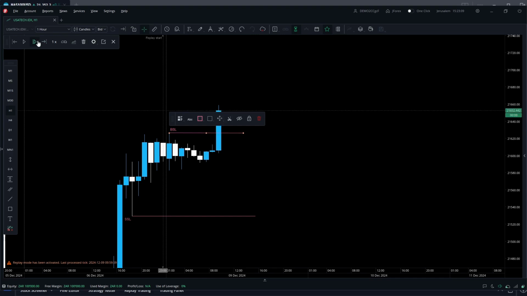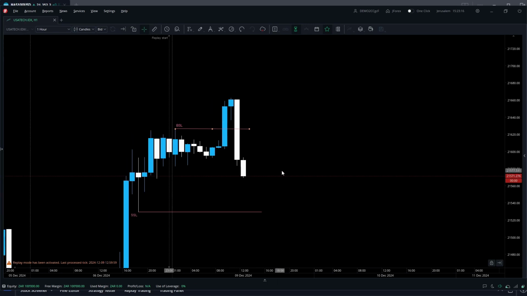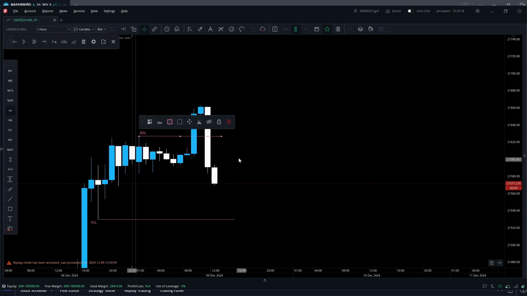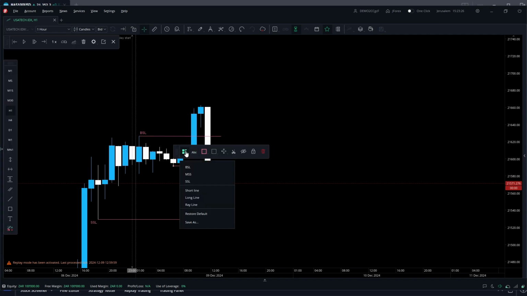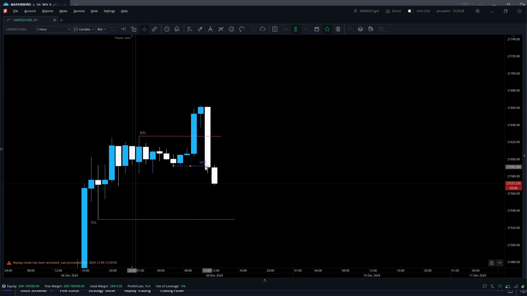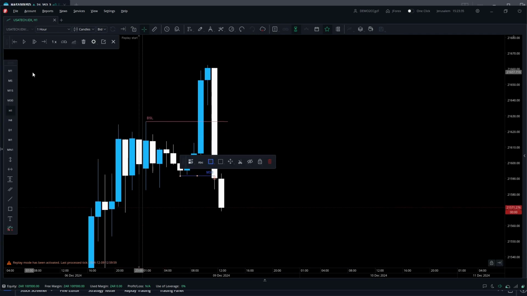Let's fast forward. Price sweeps, then what? We break structure. This will be our market structure shift right here. Market structure shift. And after we have this market structure shift, what happens?